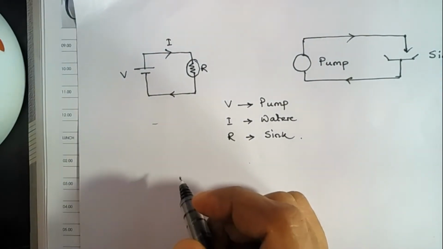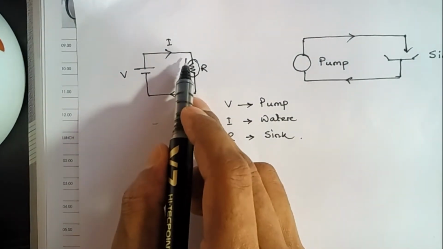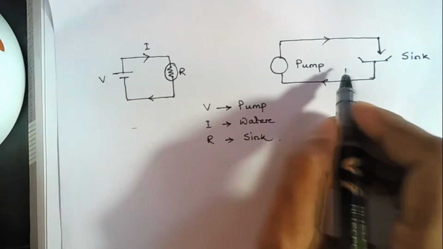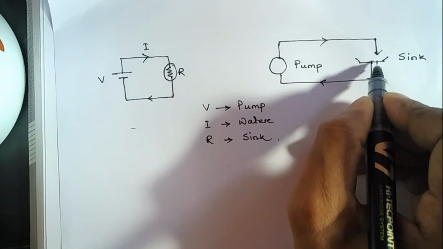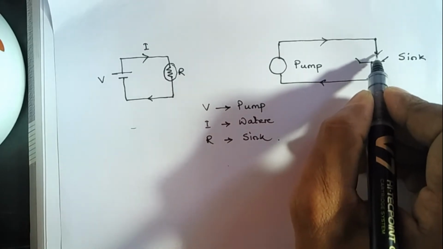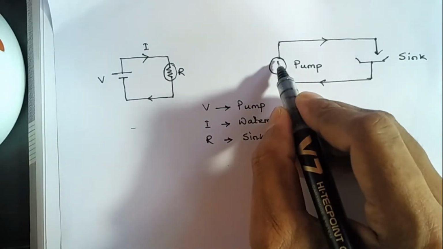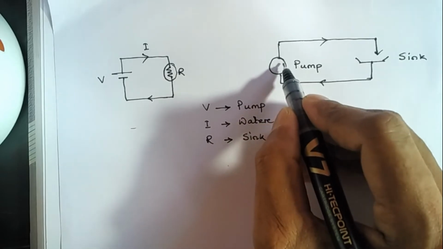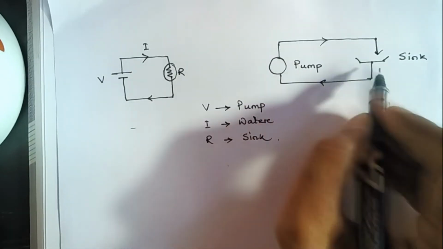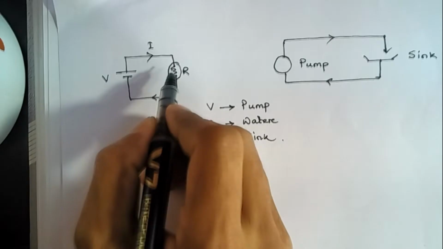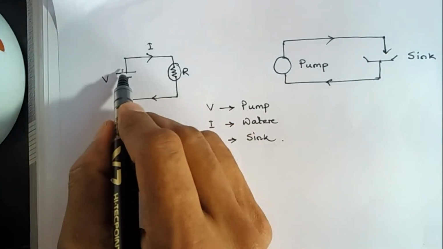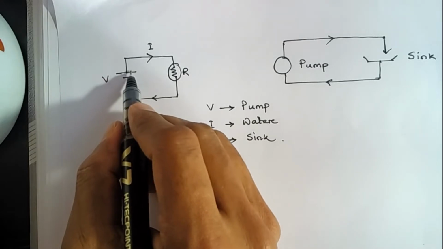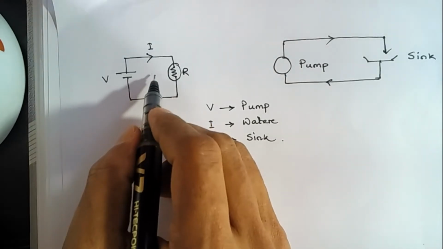So why does current flow? Similarly, because here the pressure is low. Here the pressure is low in this area, and here is the high pressure. That's why water flows through this way. Similarly, here the potential difference causes the flow of the current.